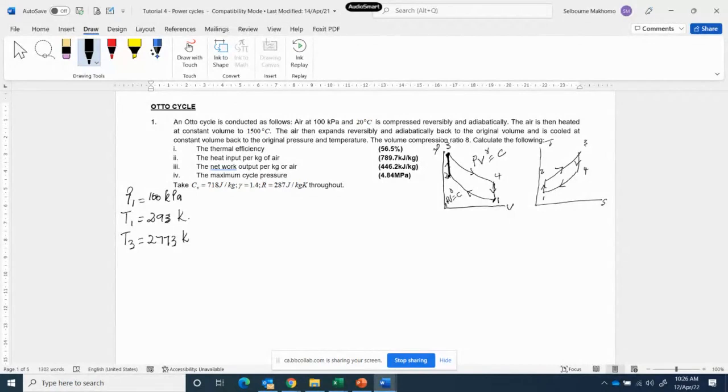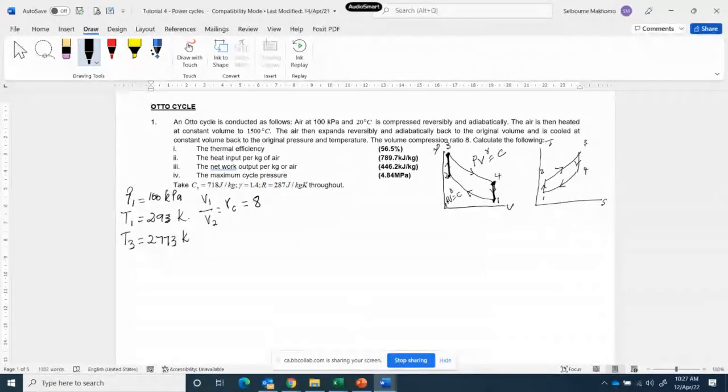The air expands reversibly and adiabatically to the original volume. So expansion takes place here up until 4 to the original volume. So the original volume V1 is equal to V4. And then it is cooled at constant volume up to the original pressure and temperature. The compression ratio is 8. In other words, V1 over V2, which we call RC, is equal to 8.